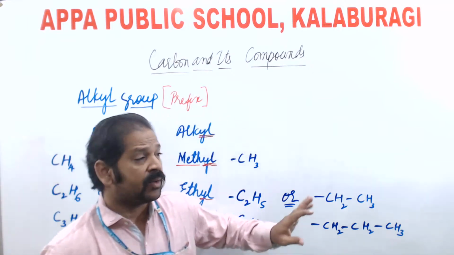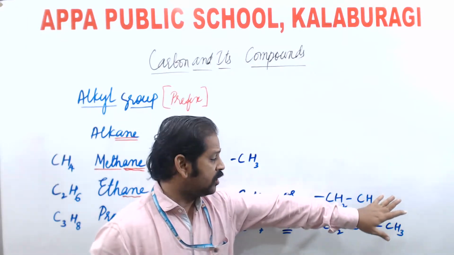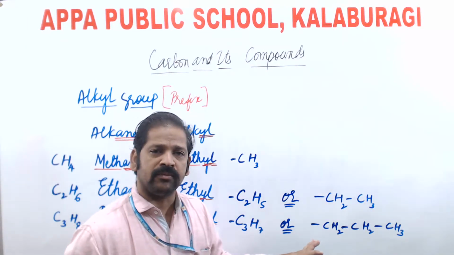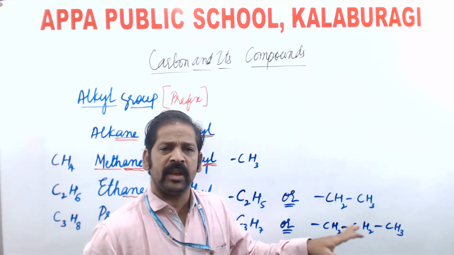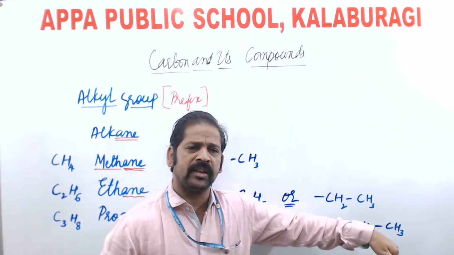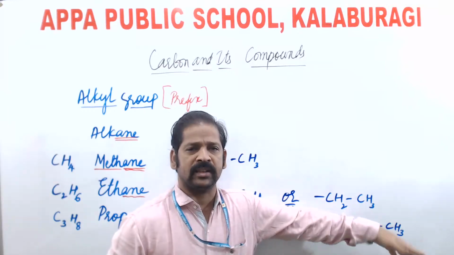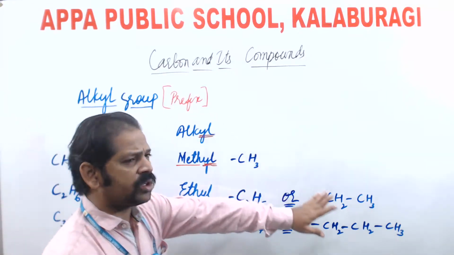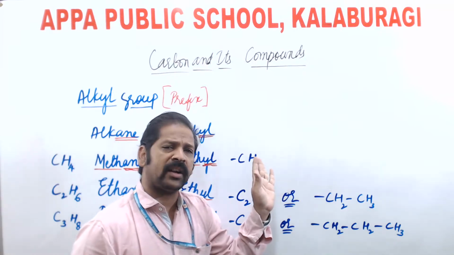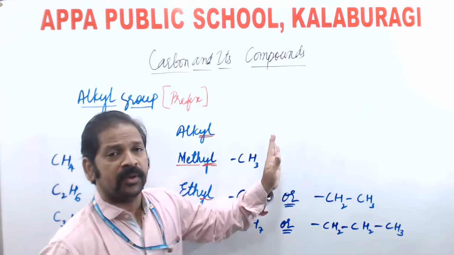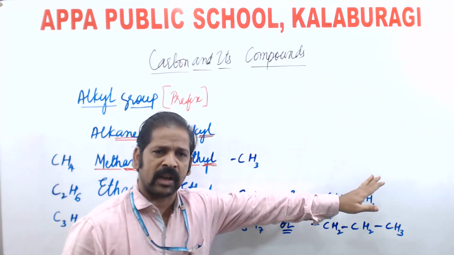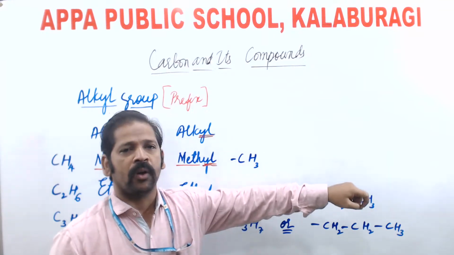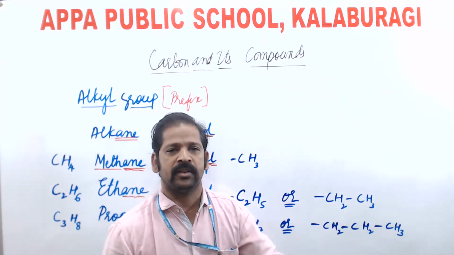In the same way, these chemicals also have naming. That thing we are going to learn in the next classes. When you learn all the rules, automatically half the part you will learn here only, and in the naming or nomenclature of carbon compounds you will learn the remaining points.